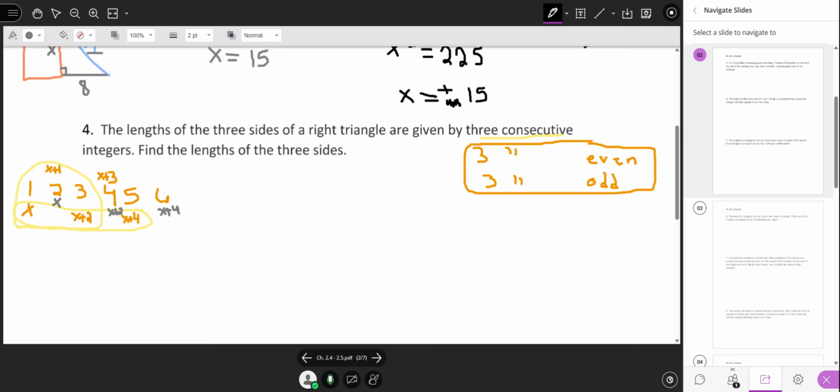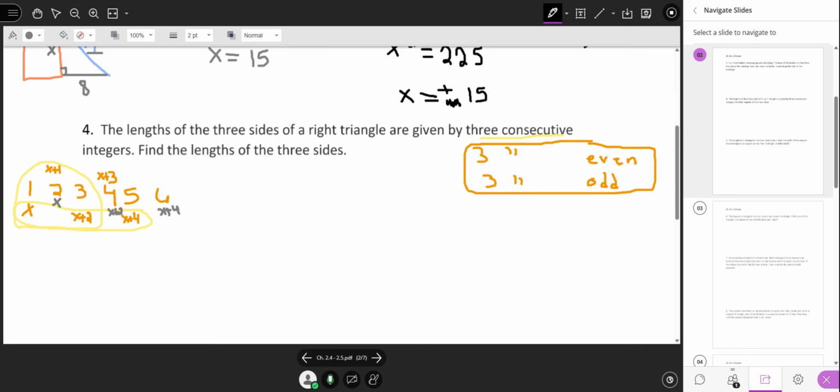X, x plus 2, x plus 4. So whether you've got consecutive even or consecutive odd, the 3 sets of numbers would be the exact same.